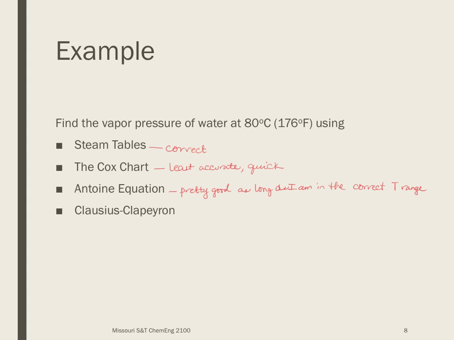Okay, and then we have the Clausius-Clapeyron, which is based on theory. Okay, so it's going to be theoretical with those three assumptions. It's pretty good if those assumptions are correct.